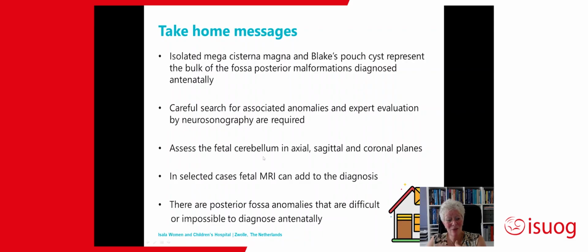You have to assess the fetal brain and cerebellum in the axial, but also in the sagittal and coronal planes. Of course, MRI can help us to add to the diagnosis. And I also have to admit that there are posterior fossa anomalies that are really difficult or impossible to diagnose antenatally. Okay, thank you for your attention.